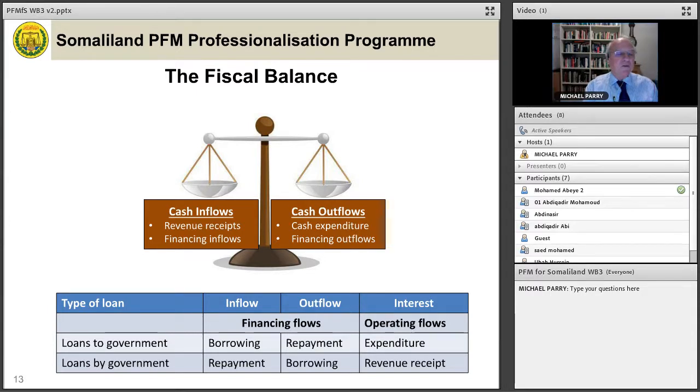And I've talked about financing inflows and financing outflows in the box underneath. This is related to loans. Any government will have loans made to it, either commercially or borrowed from an institution such as the World Bank, and it will make loans, typically to organizations that it owns. If the government receives a loan and you get money from that loan, that is a financing inflow.